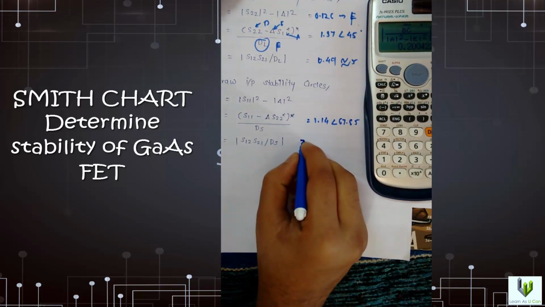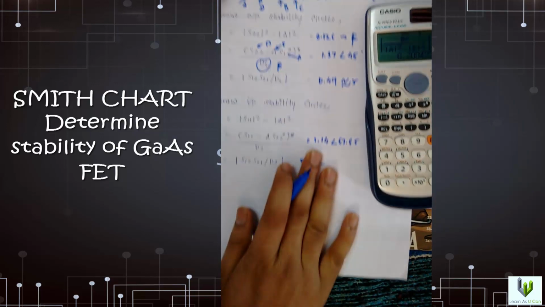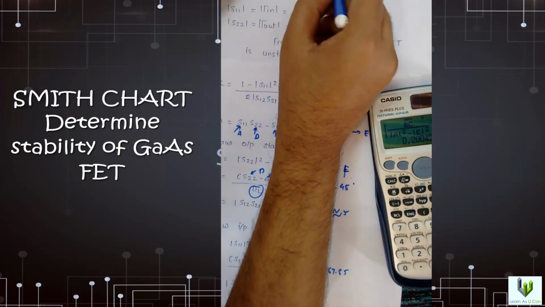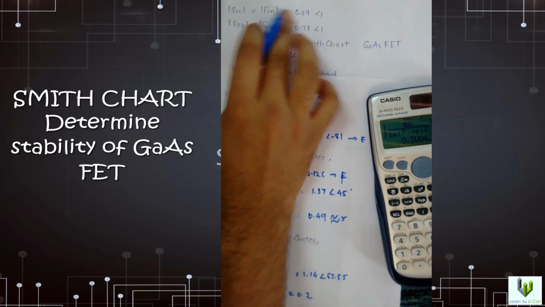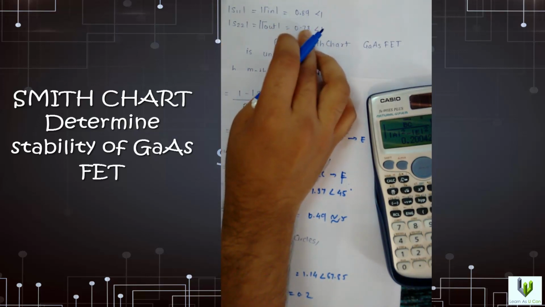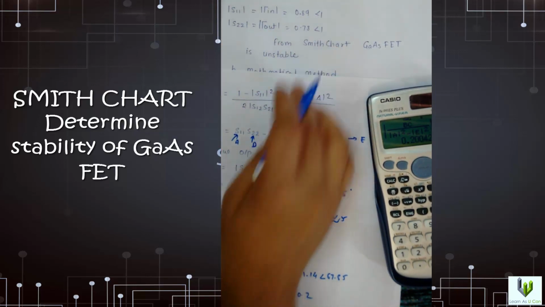I got this 0.2. In this way I can verify this. I got this CL, RL, CS, RS. S11 is 0.89 less than 1, 0.78 less than 1. Okay.